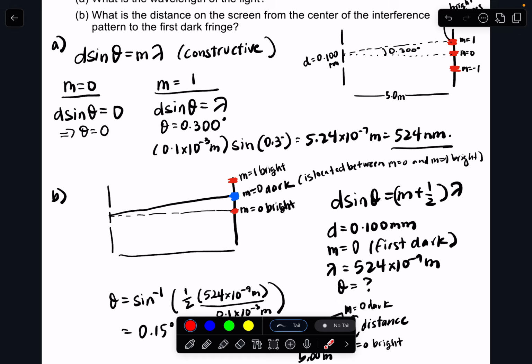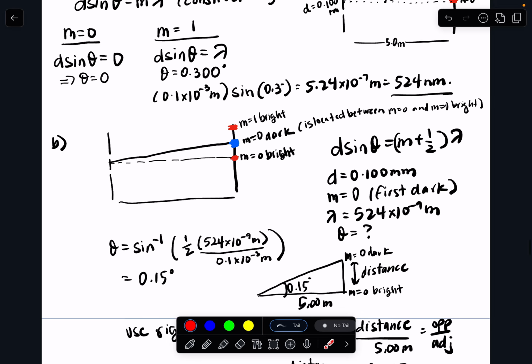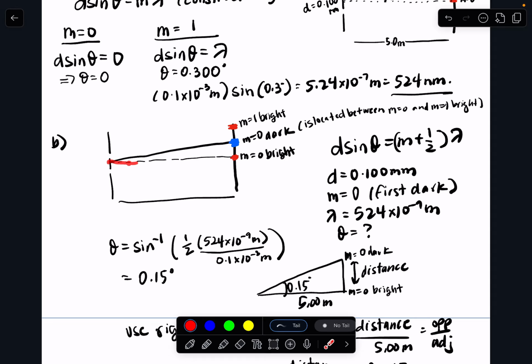So we can do that by solving for theta: inverse sine of 1/2 lambda over d, right? I just solved for theta, and then what you get is 0.15 degrees. So the triangle that we're going to use is this one right here. The height of the triangle is what we're looking for.